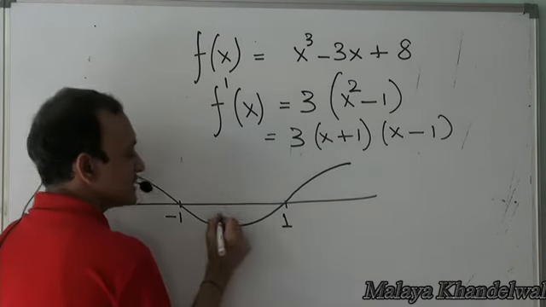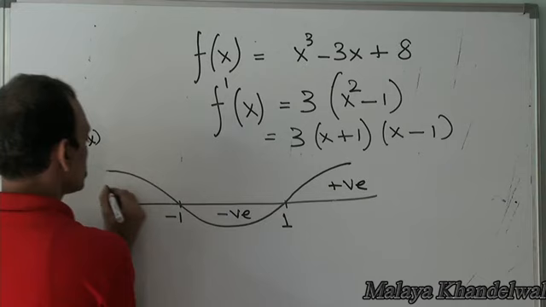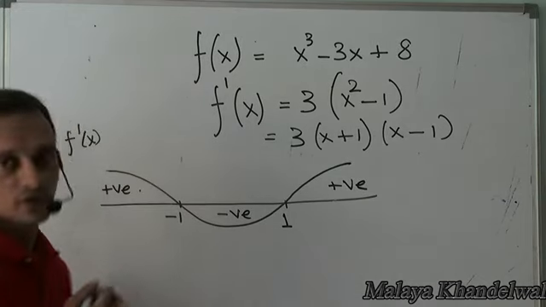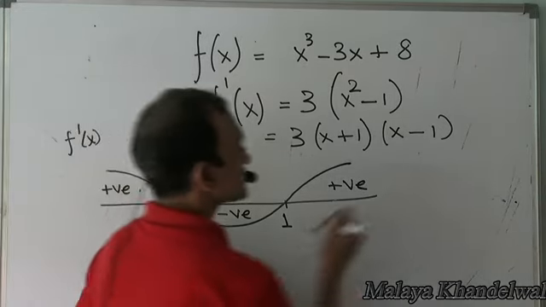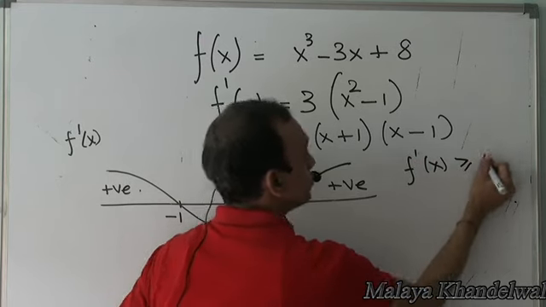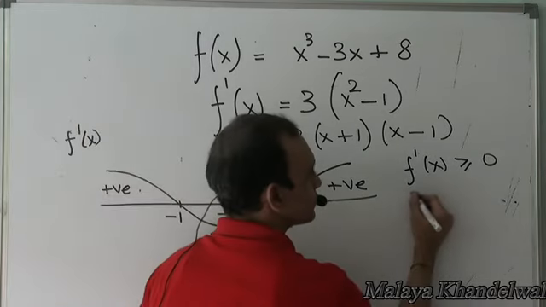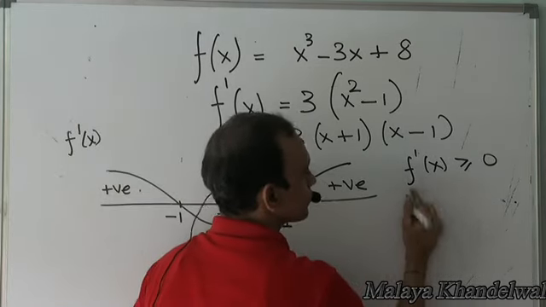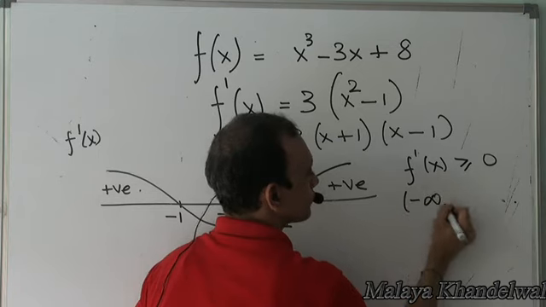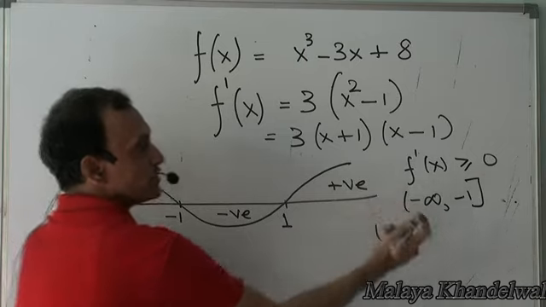f dash x is negative in this interval, positive in this interval, positive in this interval. Very clearly, f dash x is greater than or equal to 0 when x belongs to the interval minus infinity to minus 1, union 1 to infinity.